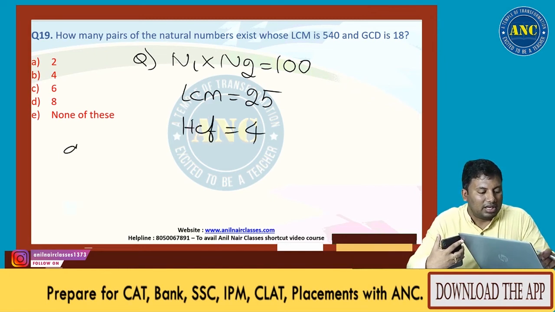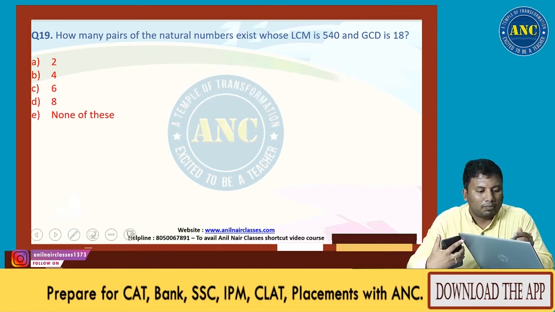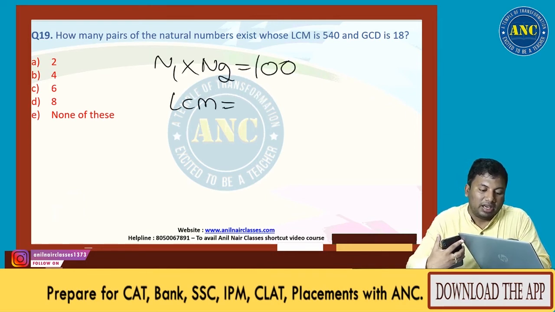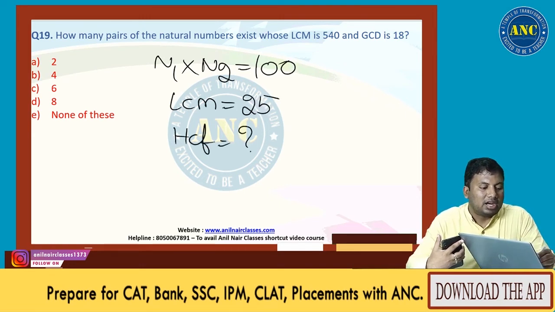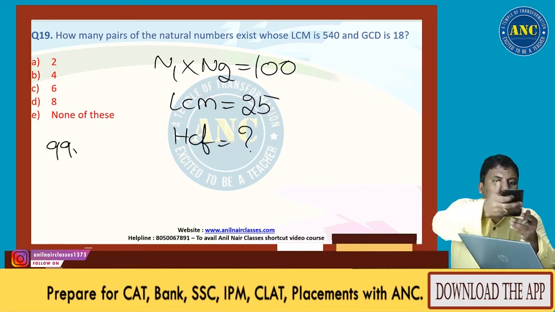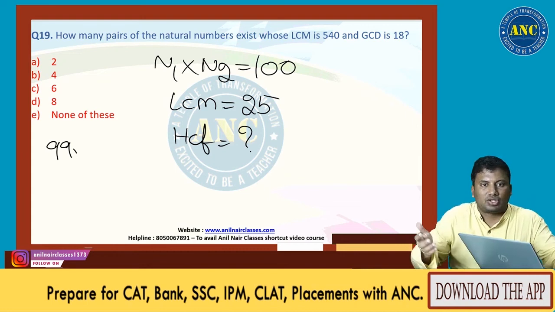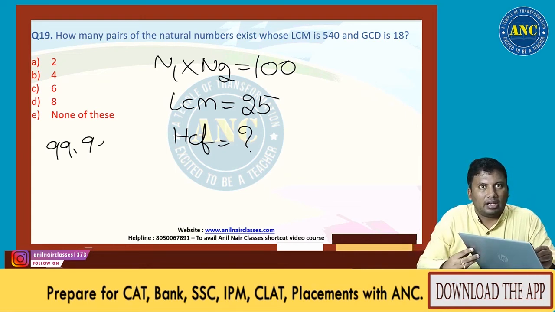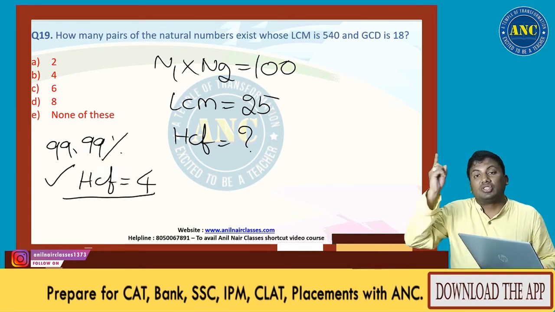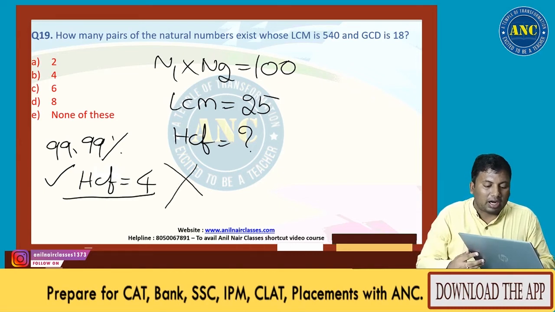If the question is like this, 99.99 percent will tick mark HCF as 4. My team has just shown one good feedback. Just to tell you, don't tick mark it as 4.